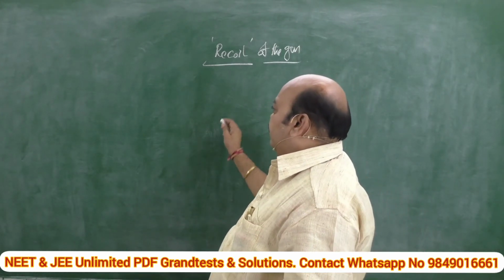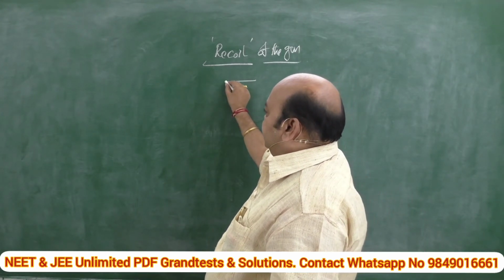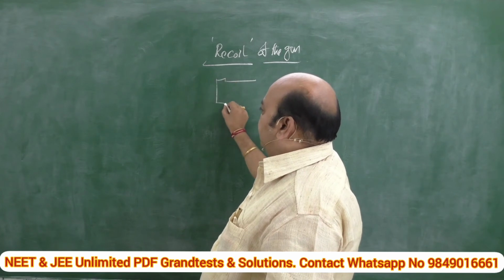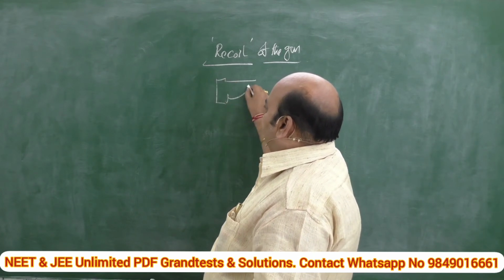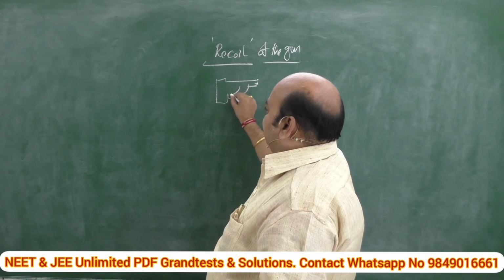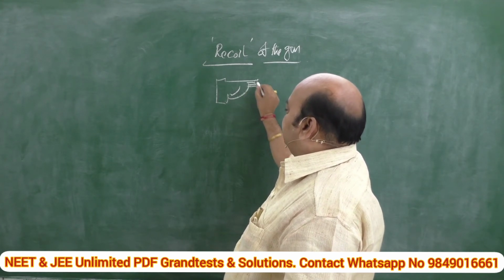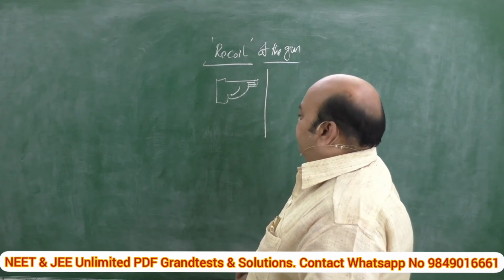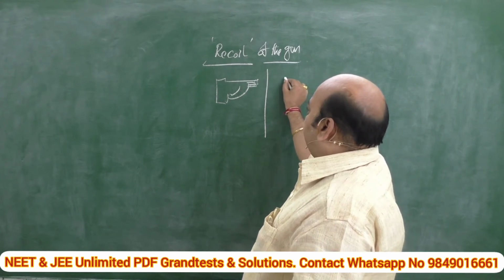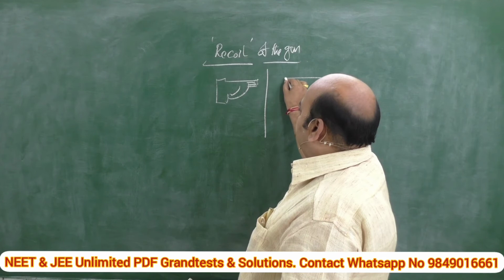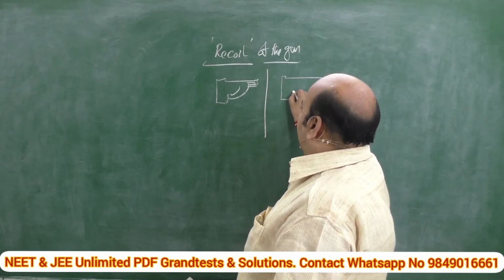See, the question pattern will be like this. You see, this is a gun. Of course, I am not an artist. This is the gun, and initially the bullet is inside the gun. This is before impact. After impact, what happened? This is again the position of the gun.